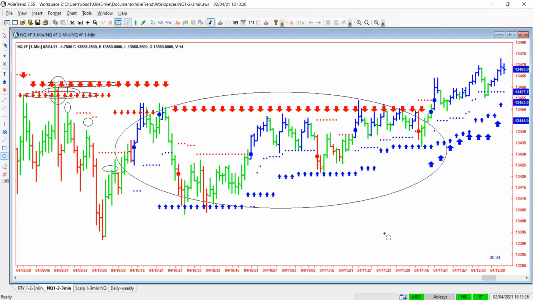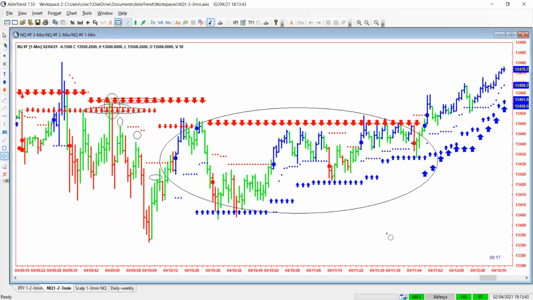You get the software telling us, don't do anything. Leave it alone. When everybody else is getting chopped up and beat up who doesn't have AbleTrend, we're just sitting on the sidelines being patient, not getting involved in this choppy, ugly mess. That's just so important. We all want to win, but sometimes it's just as important not to lose.